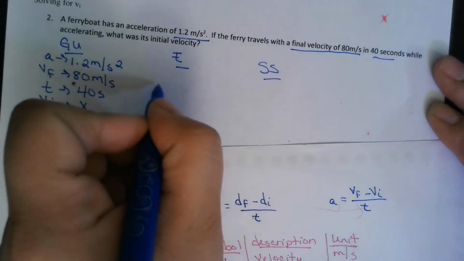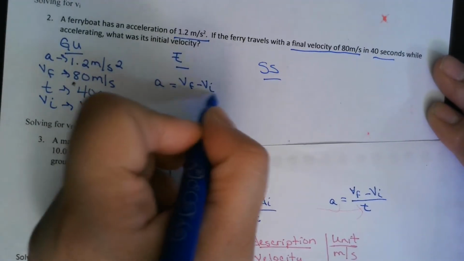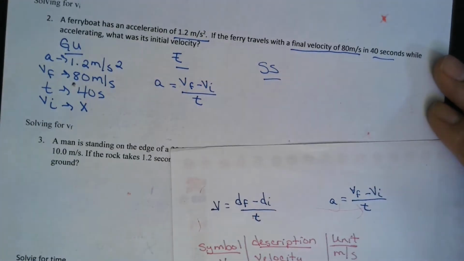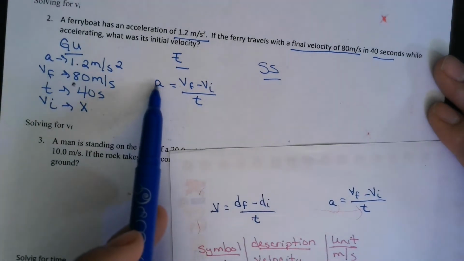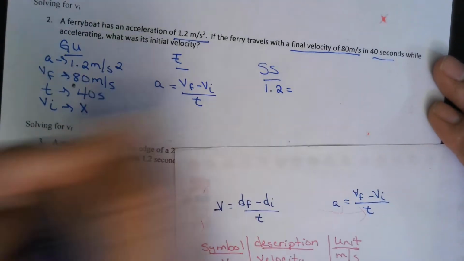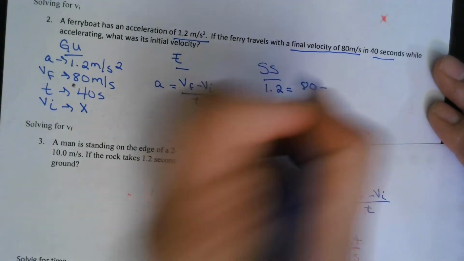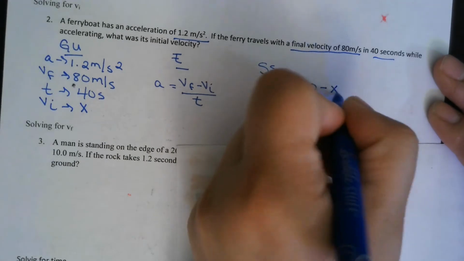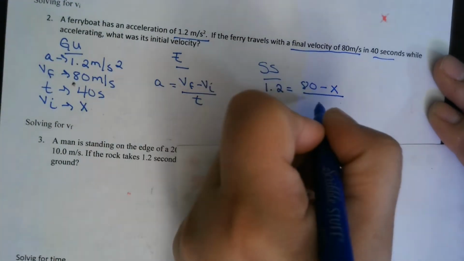Again, acceleration, so it's still the same equation, but I'm going to use different colors to represent the different steps in solving for this, because now instead of a, we're going to write 1.2, and then you're going to have VF as 80 minus x for VI all over 40.